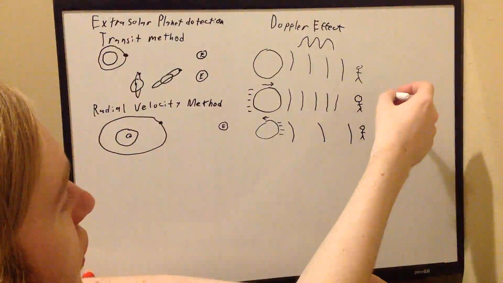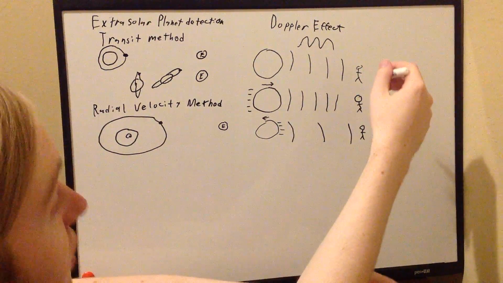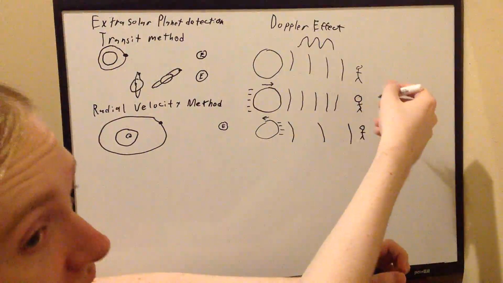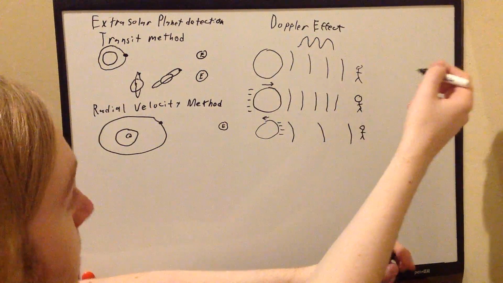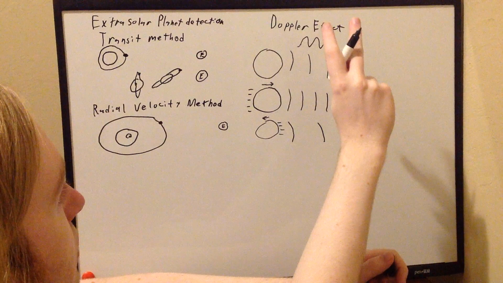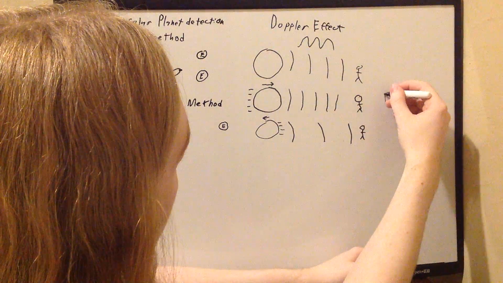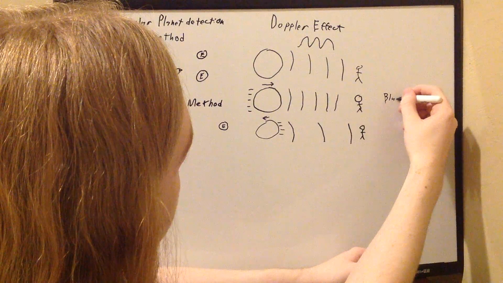And if you recall the visible light spectrum, blue is on the short wavelength end of the visible light spectrum. So we can think of this star's light as getting bluer. And so we call this blue shift.